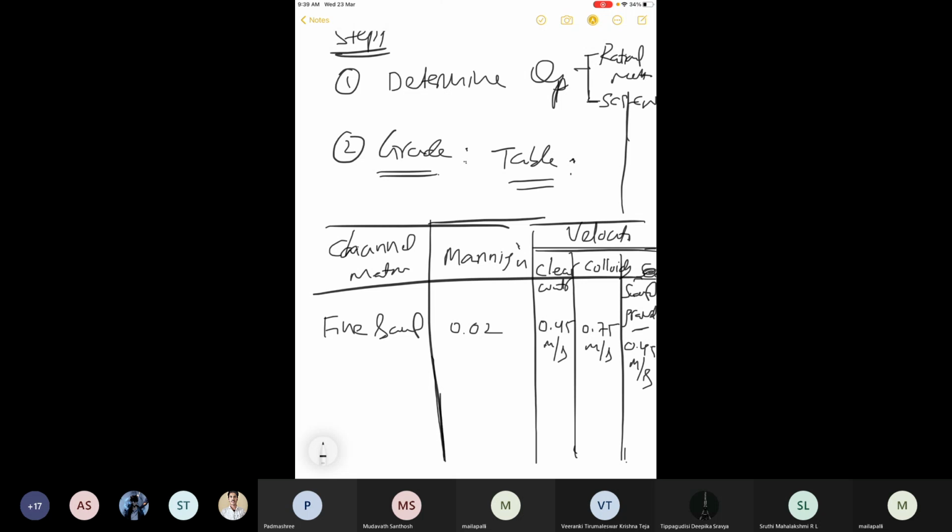Based on that, Manning's n is known and velocity is known, so from these two values for a particular material, you can use Manning's formula to find out the slope, that is S. So what is the Manning's formula?